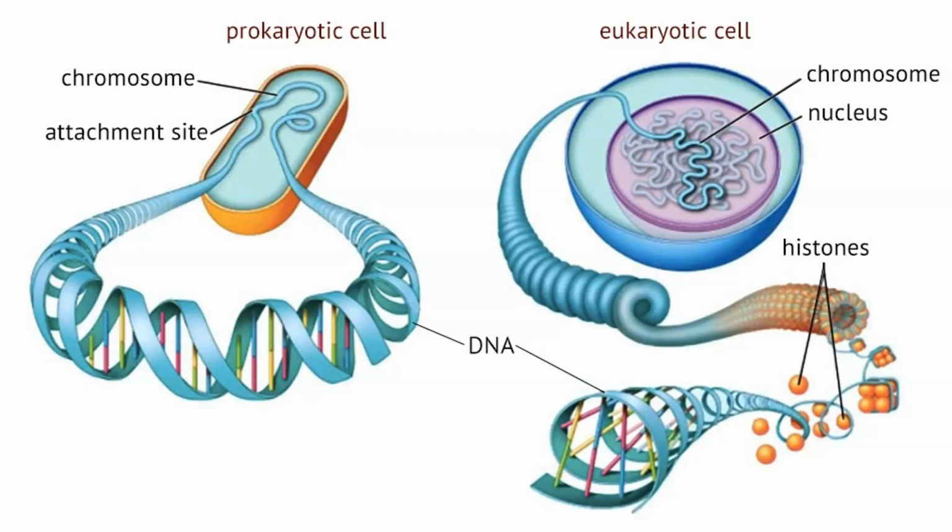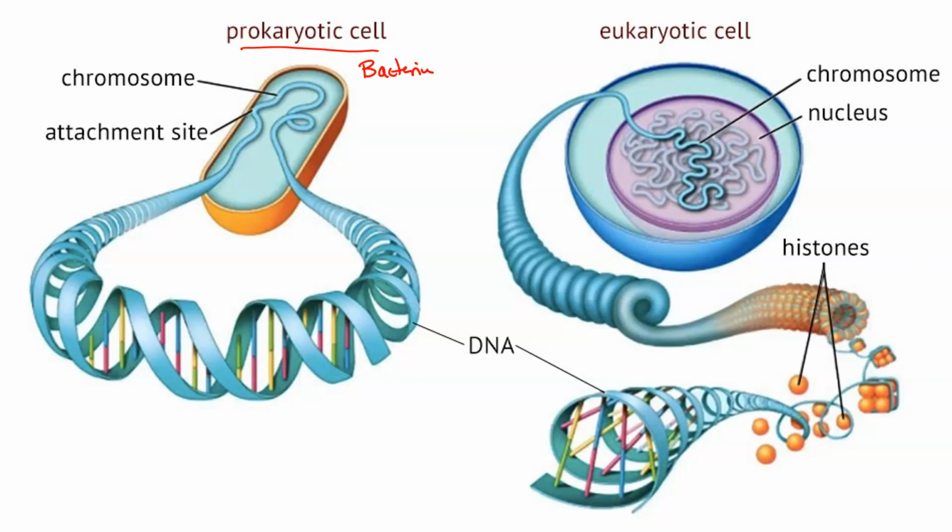Let's start off with a general overview of the prokaryote and eukaryote chromosome differences. You'll notice that throughout IB biology there is much to talk about in terms of the differences among prokaryotes and eukaryotes, but in this particular topic we're going to look at just the differences and similarities of their chromosomes. A prokaryotic cell, which remember is a cell like bacteria, doesn't have a nucleus.